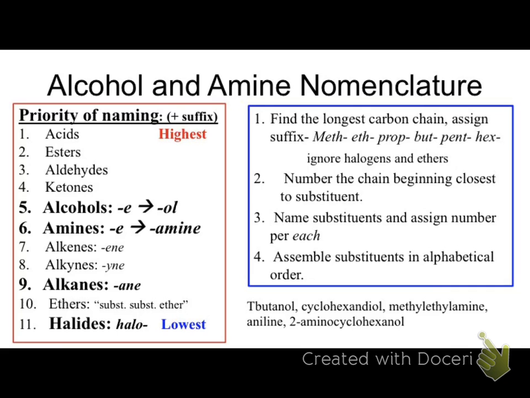Our alcohol is at position 2. Position 2, we have an alcohol. Where's our double bond? 1, 2, 3, 4. Pent for 5 carbons. At position 4, there's an alkene. Position 2, there's an alcohol. Ouch is right, yeah. So that's the name.